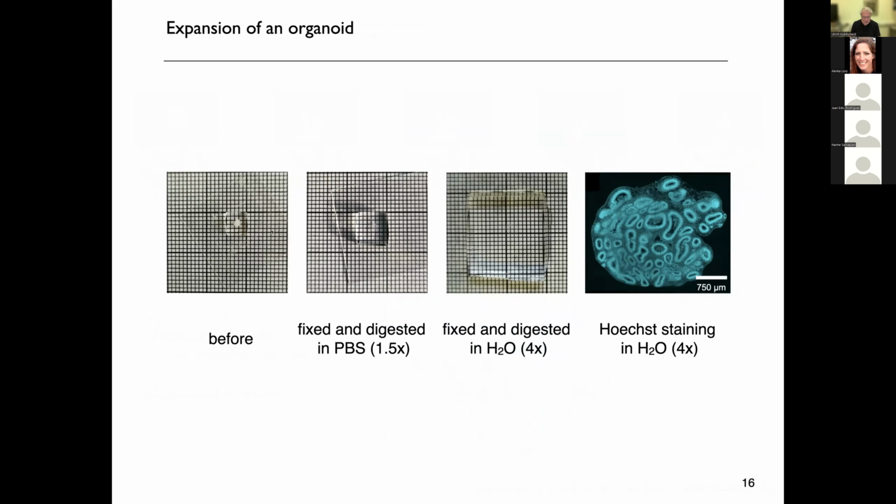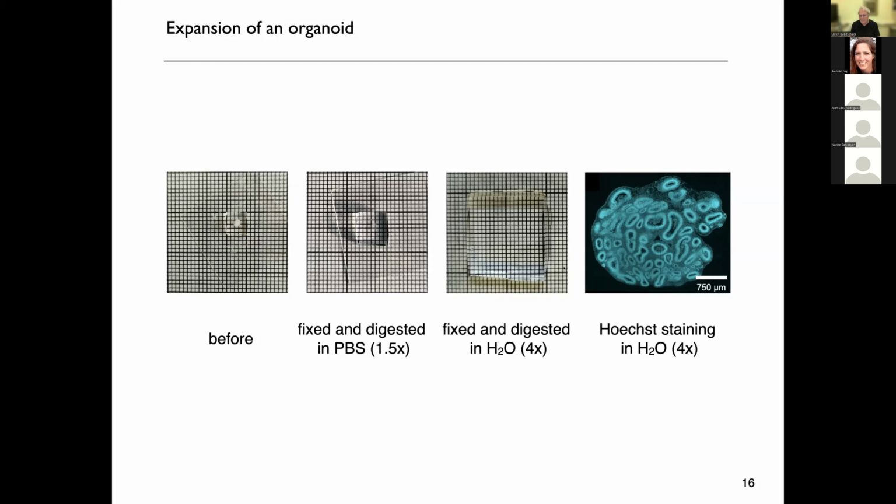After digestion with proteinase and exchanging the buffer medium to PBS, we have that mentioned 1.5-fold expansion, and you see that clearly in this image here. If we take the digested sample and place it into bidistilled water, we have that 4-fold expansion, and you can directly see the size difference.